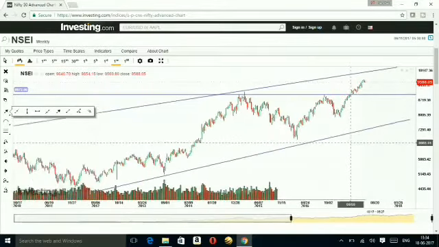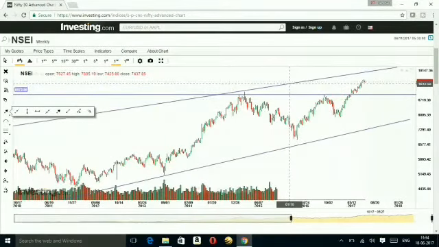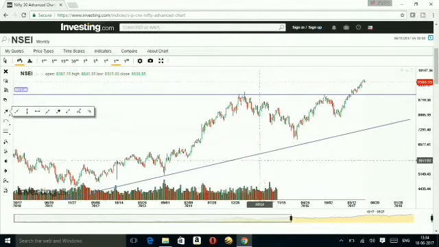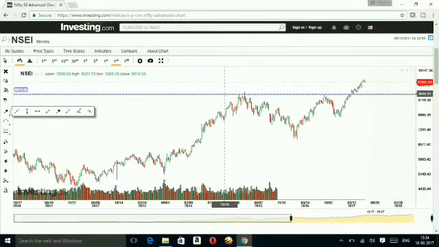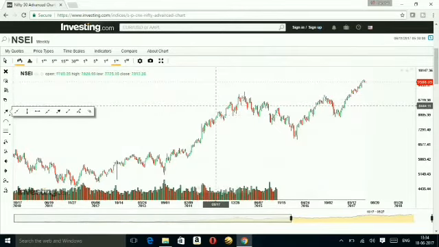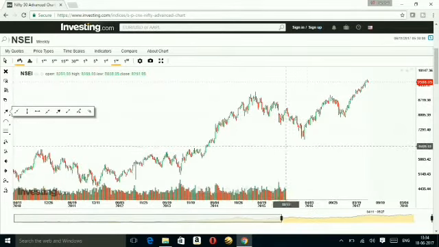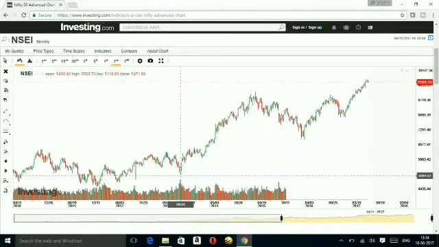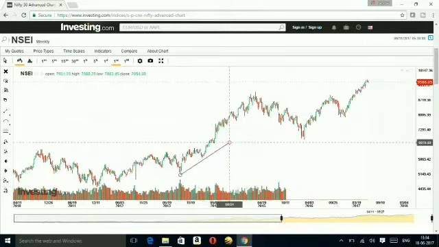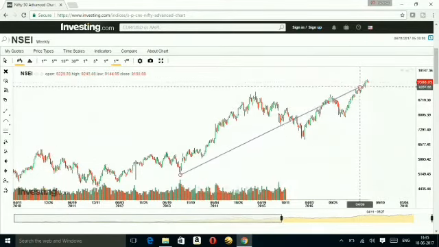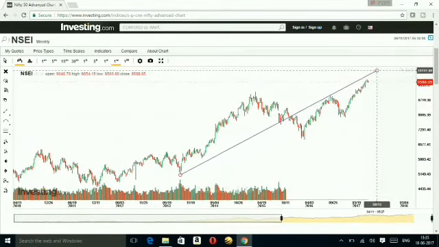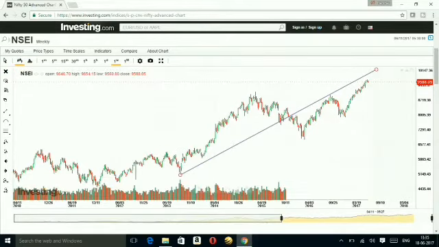So I'm going to remove this, and I will try to draw the pattern. This is the trend line from here. I'm going to draw something like this, and the other trend line is this one, like this.